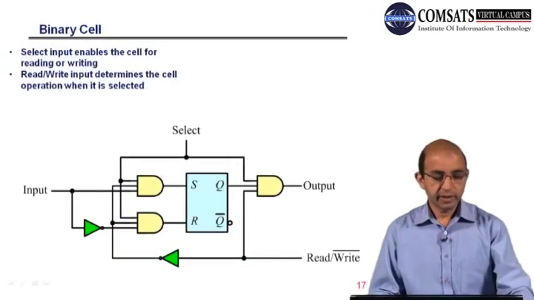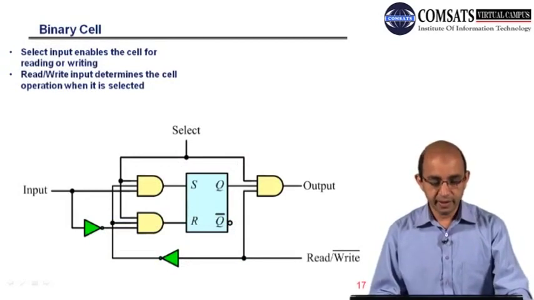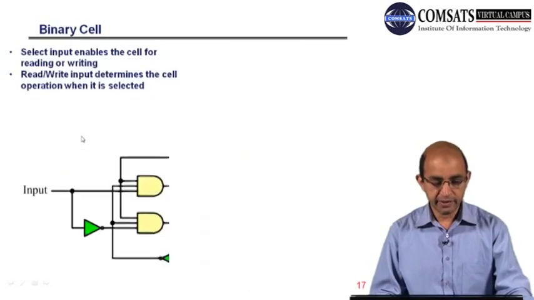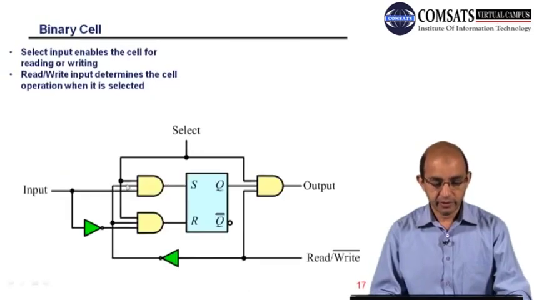So let's talk about a single binary cell. Here you can see we have a single binary cell, and we are using some gates and a flip-flop or latch, an SR latch.